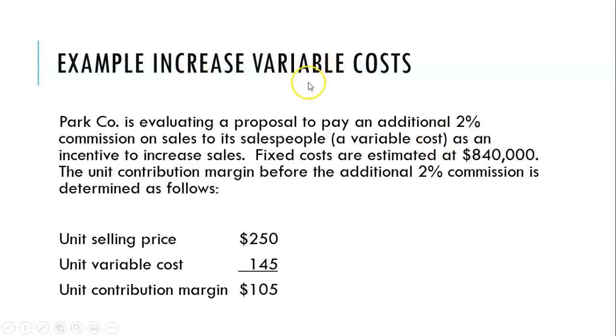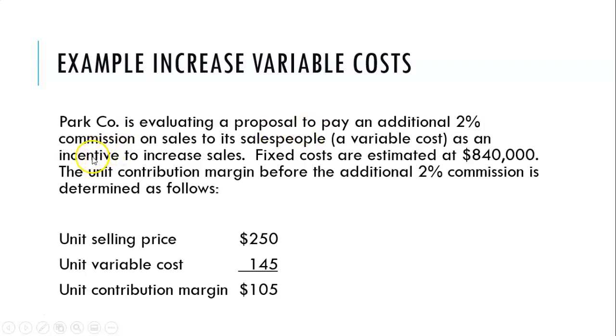Okay, what if we increase variable costs? Here's an example. Part Company is evaluating a proposal to pay an additional 2% commission on sales to its salespeople. Commission means the more sales I have, the more I have to pay the salespeople. So that's a variable cost.